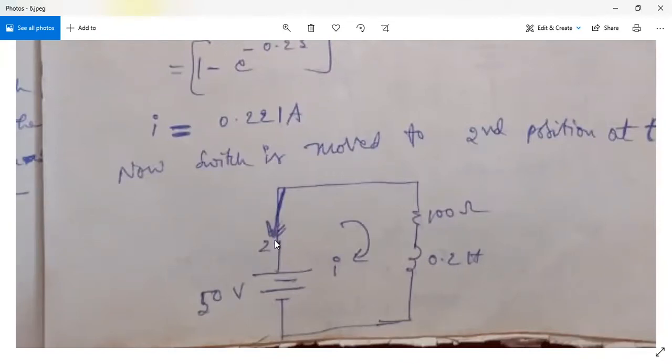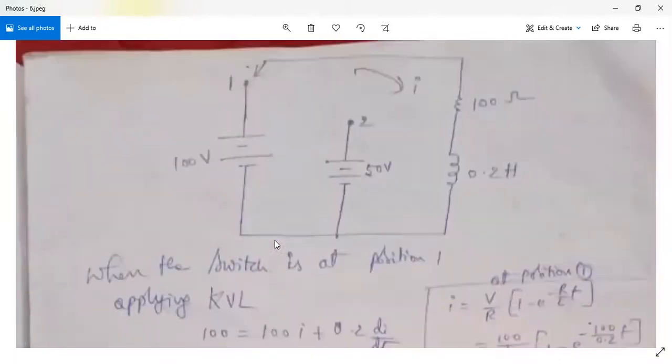Now, initially at t is equal to 0, they are connecting the switch at position 1. When they are connecting the switch at position 1, the current will flow like this. I think you have drawn the circuit. So when the switch is in position 1, he is asking the current equation.